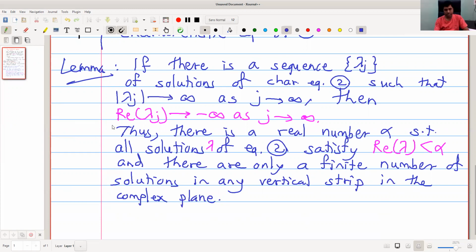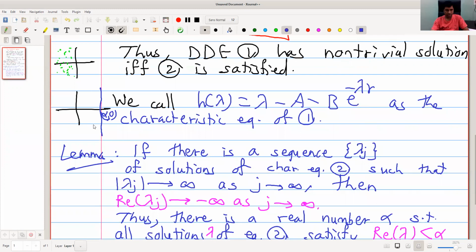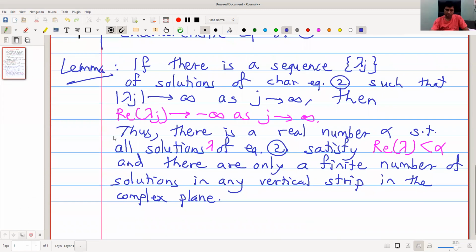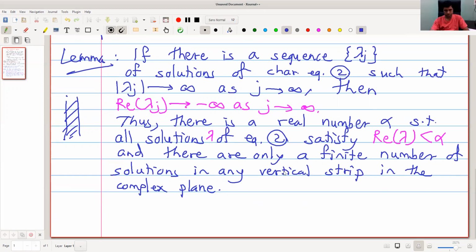A vertical strip means such a thing. Consider any such vertical strip in the complex plane. In that strip, there are only a finite number of solutions, characteristic roots. Let us prove this result.